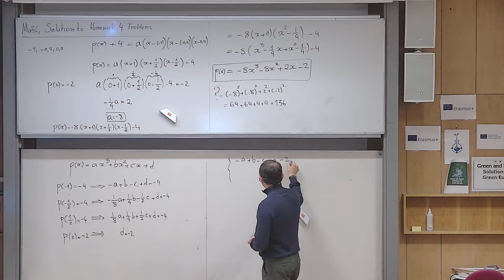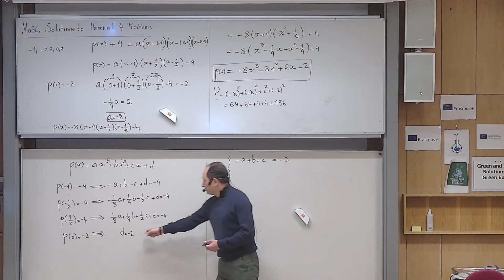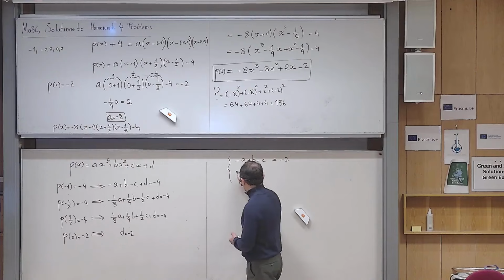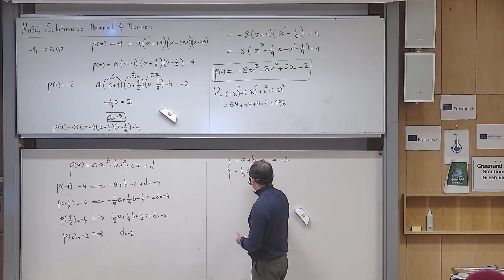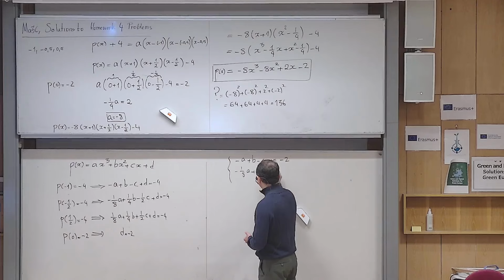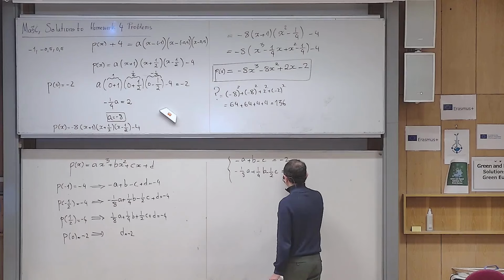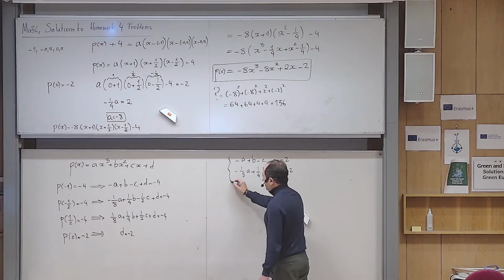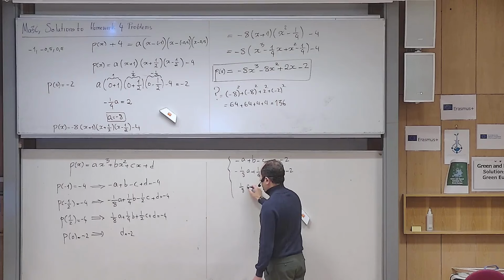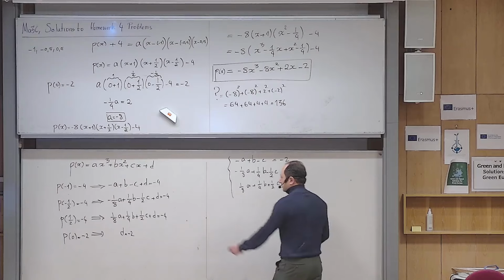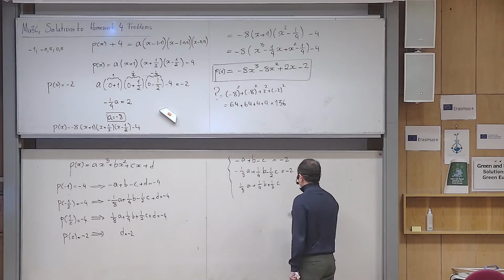It becomes -1/8a plus 1/4b minus 1/2c. I move -2 to the other side. And then the next equation is 1/8a plus 1/4b plus 1/2c. -2, I move it to the other side.